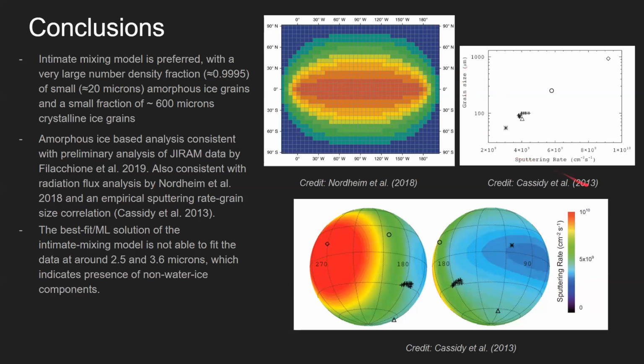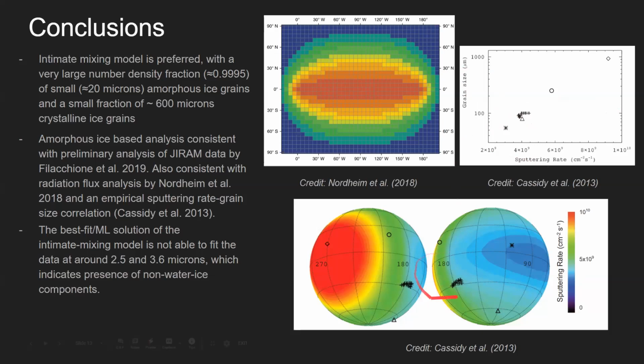In the regions where sputtering is very high, where the surface is getting bombarded very much, the smaller grains will get destroyed very quickly, so you would expect those areas to have larger grains. And vice versa, in regions where the sputtering rate is low, smaller grains will survive.